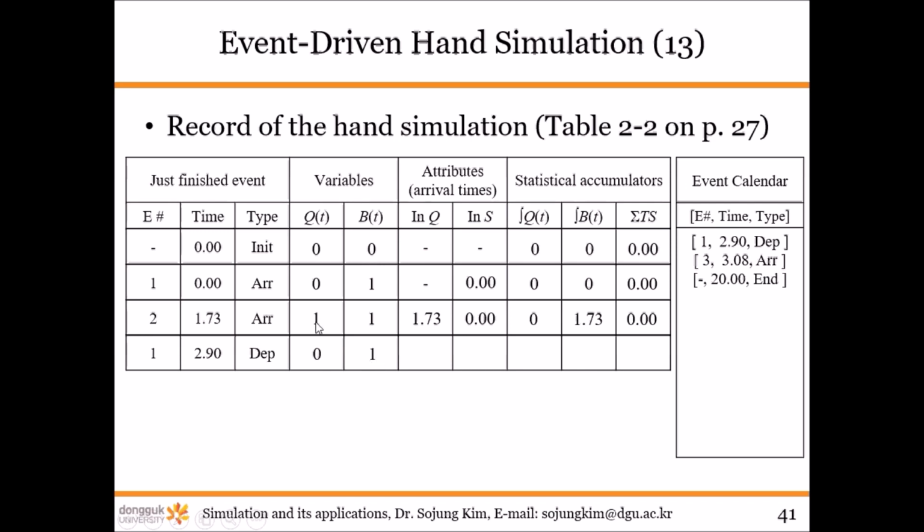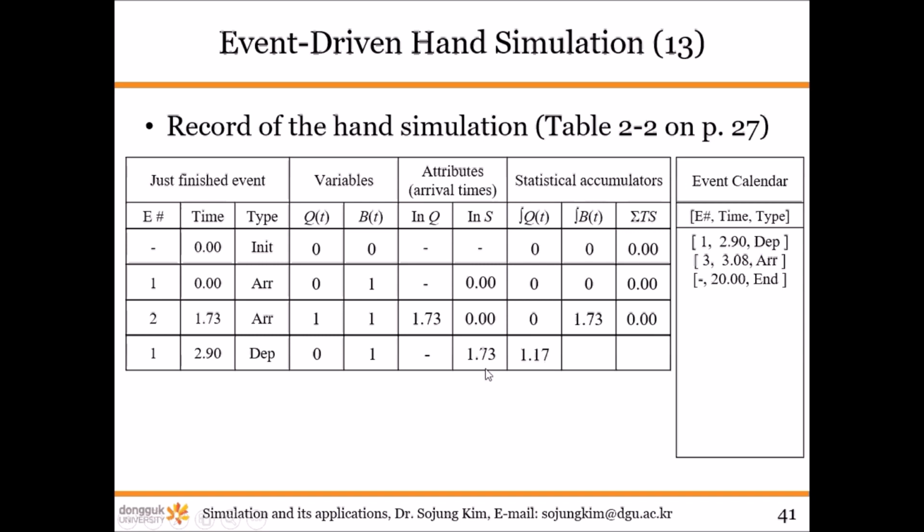And then this value is still 1, right? Because entity 2 is in the server. So the attributes are still the same, nothing in the queue. And 1.73 will be the attribute value for the second entity, which is in the server right now.